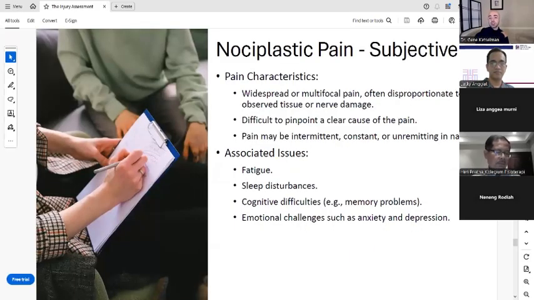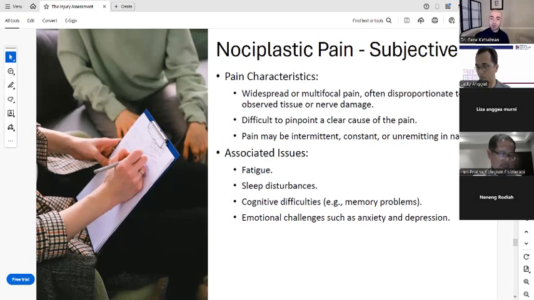So for the subjective of this nociplastic pain, they're going to have widespread or multifocal pain, often disproportionate to the observed tissue or nerve damage. So they're going to have pain that does not quite make sense with what imaging shows, or what it sounds like the injury was.